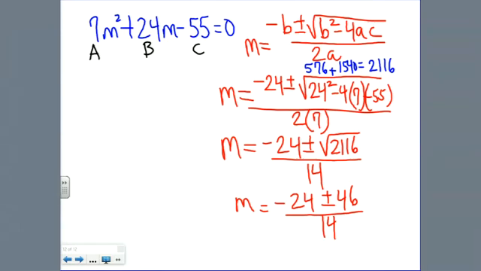Now, because we're left with just numbers and no radicals and no imaginary parts, we must split our fraction into 2 separate answers. So one answer is m equal to negative 24 minus 46 all over 14, and that will give us negative 70 over 14, or negative 5.